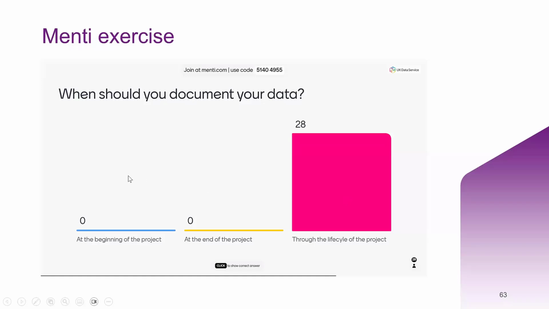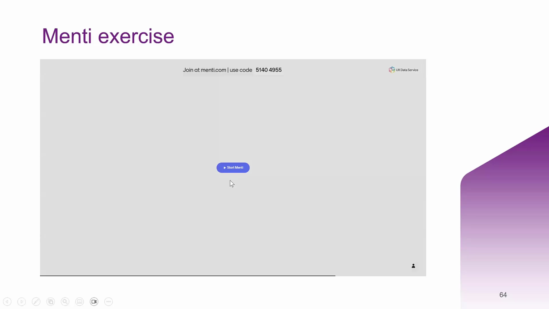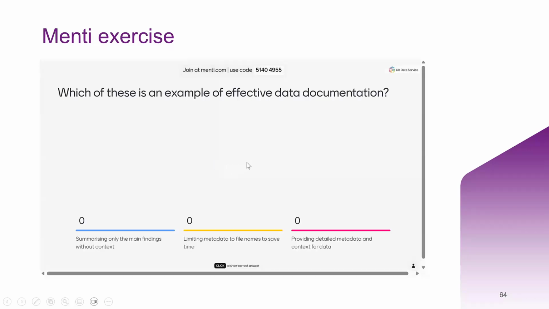It's important to document your data throughout the life cycle of the project. You will be making your life 100 times easier than having to do it right at the very end of the project, or right at the very beginning. I'm not sure how that might work in practice, but doing it throughout the project, you are making your data sharing journey far, far easier.